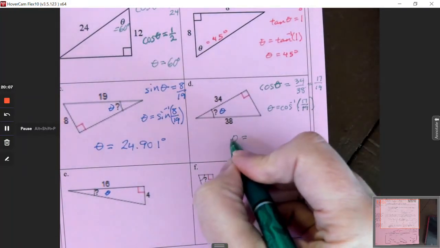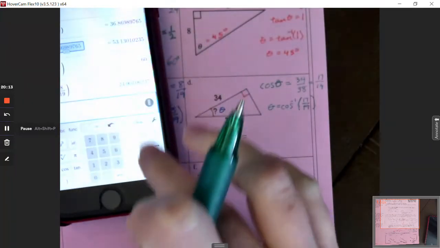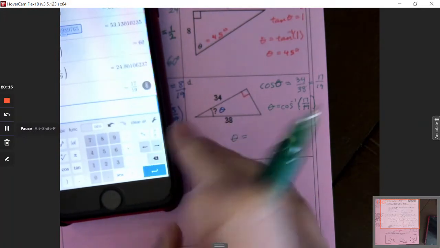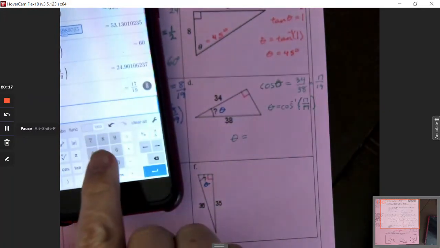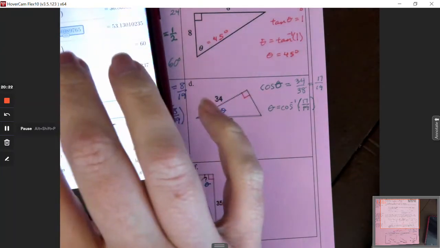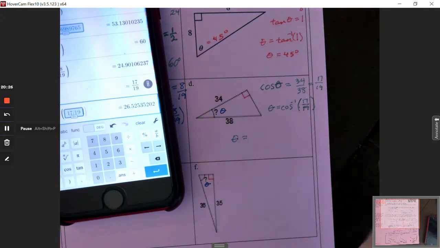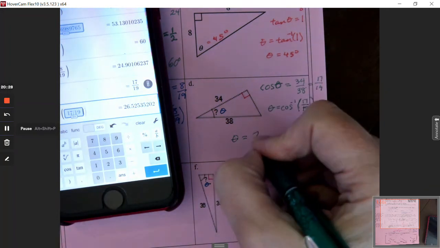2 left. Sine, cosine, or tangent? Yes, this is tangent. Theta is equal to opposite over adjacent. And 4 over 16 is 1/4.